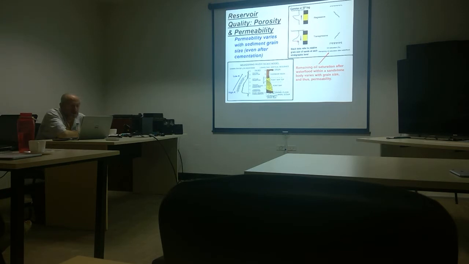So in this particular example down at the bottom here, we have a very sharp base for a gamma ray or SP log, and we get this fining upward trend, which is shown by these black dots. And the size of the dot, the diameter of the dot, is a function of grain size. So you see the grain size is getting finer as you go up.